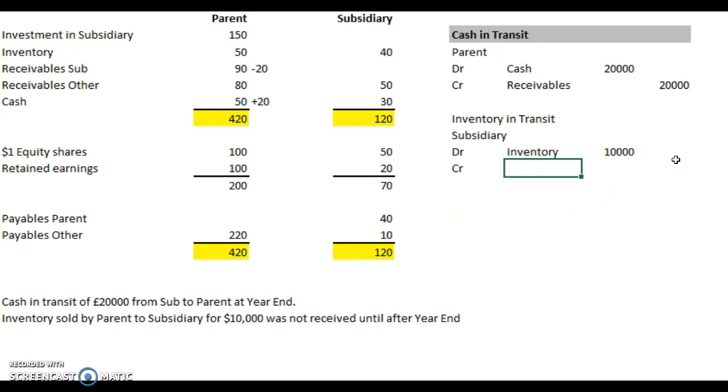So we're going to need to increase the payables by the same amount, 10,000. So we're increasing inventory here, so we can just do an adjustment here. So that's going to be plus 10,000. And to make sure it balances, we're going to do plus 10,000 here.